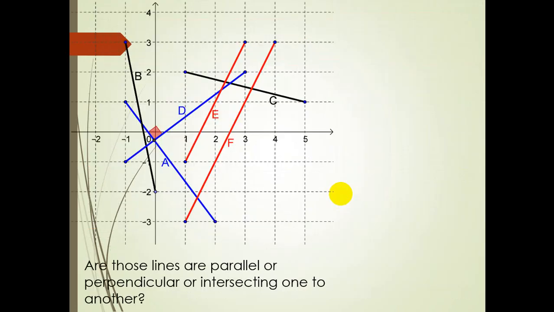Okay, now let's see the next slide. Are those lines parallel, perpendicular, or intersecting one to another? I think some of the lines are parallel, some of the lines are intersecting one to another, but not many of those lines are perpendicular. Take a look.